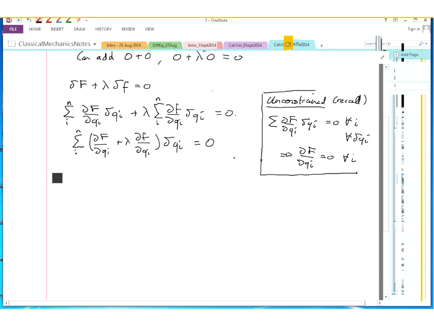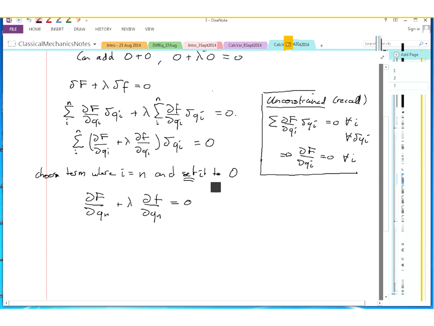So what we do is we choose the term where i equals n and set it to 0. So we choose di F by di Qn plus lambda di little f by di Qn equal to 0.